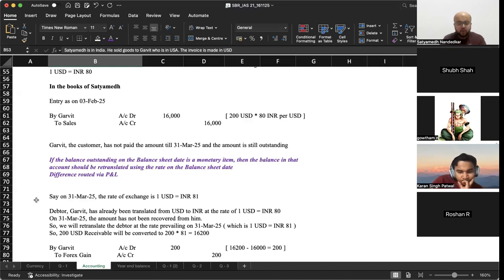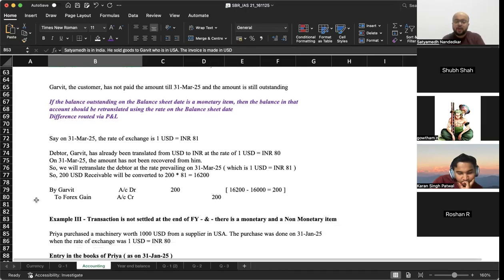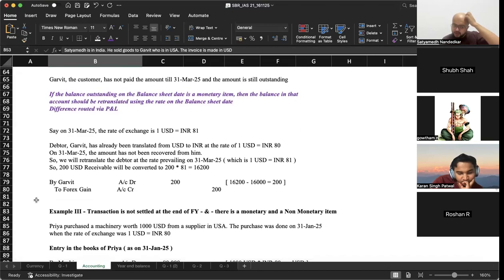You have a debtor which is recorded at 16,000, and now you have that debtor retranslated at 16,200. Now that it is translated at 16,200, that additional 200 is a gain for you. That additional 200 is your gain, and because of that you will record an entry: debtor account debit to forex gain.